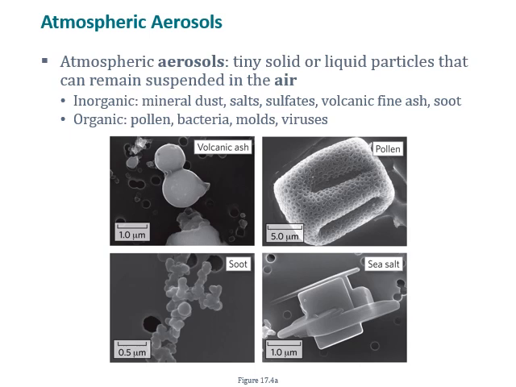So we have some pictures of inorganic and organic aerosols here in the figure, with the scale bar on each photo on the bottom left representing micrometers, which is what that symbol mu stands for in front of the M. So these are very small particles imaged with something like an electron microscope.